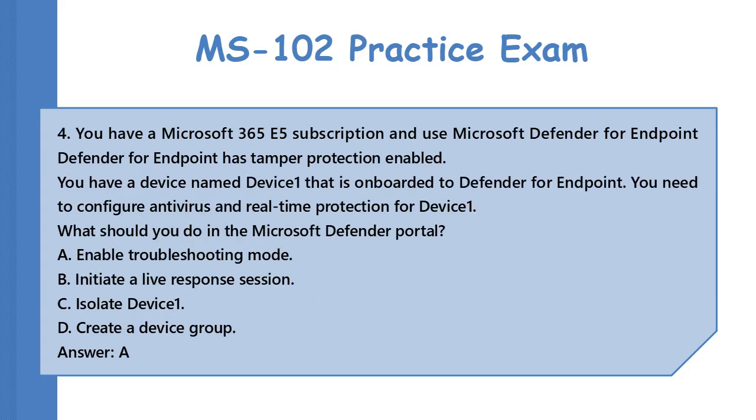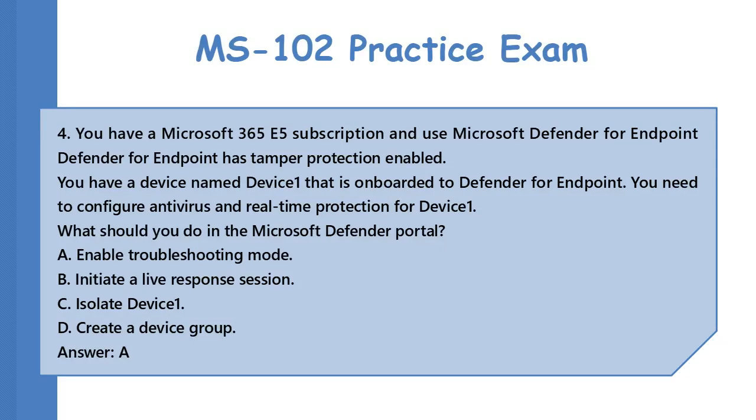4. You have a Microsoft 365 E5 subscription and use Microsoft Defender for Endpoint. Defender for Endpoint has tamper protection enabled. You have a device named Device 1 that is onboarded to Defender for Endpoint. You need to configure antivirus and real-time protection for Device 1.